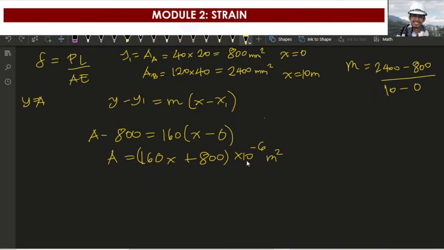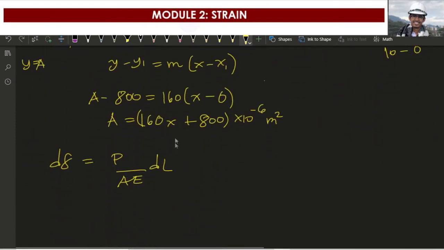So we can now solve yung ating elongation using yung ating integral, no, differential L, no. So magkakaroon tayo ng differential na elongation, that is equal to P over AE. So yung actually magkakaroon tayo ng differential length dito, no, kasi nagbabago yung length natin or yung x natin.